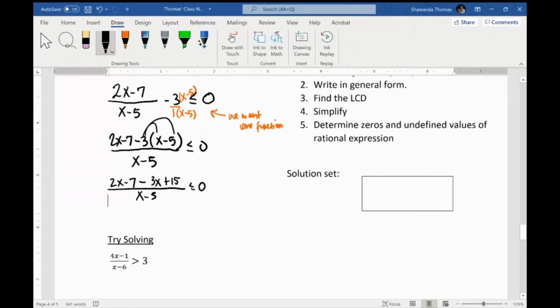So we have 2x minus 3x. What is that? Negative x. What's negative 7 plus 15? 8. Over x minus 5 less than or equal to 0. So this is what we're going to take a look at for the zeros and the undefined values.